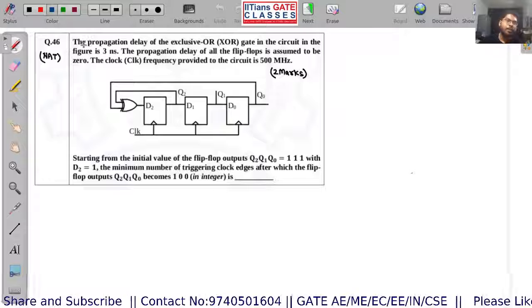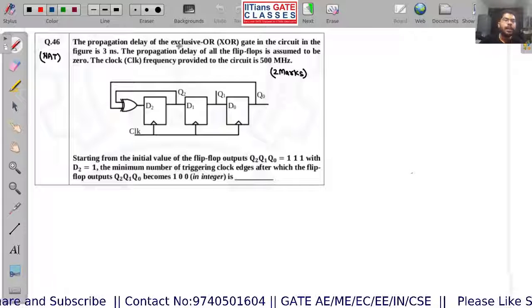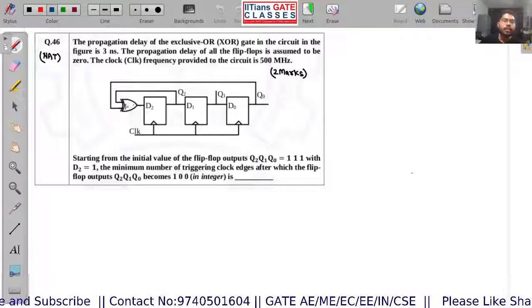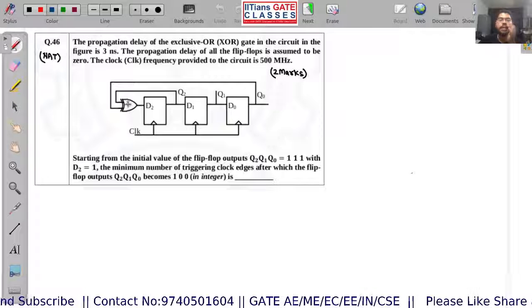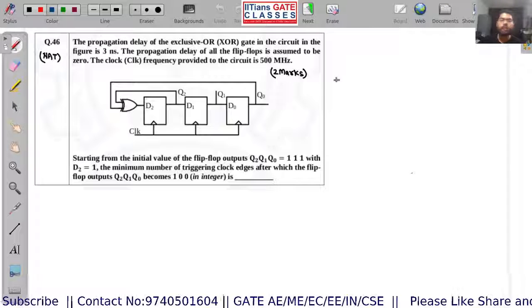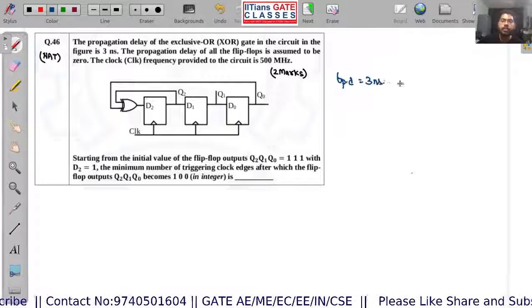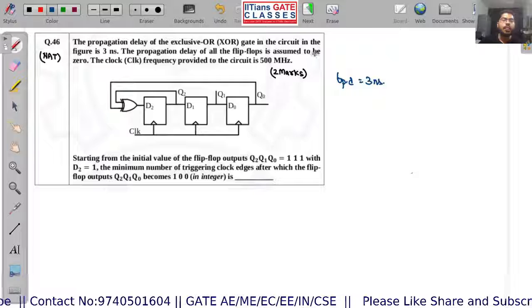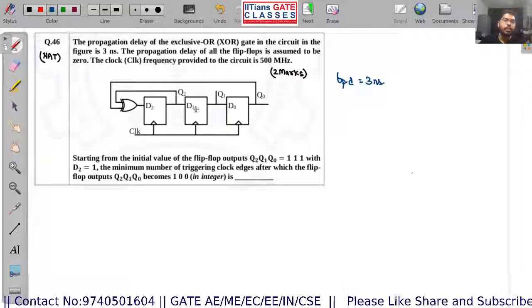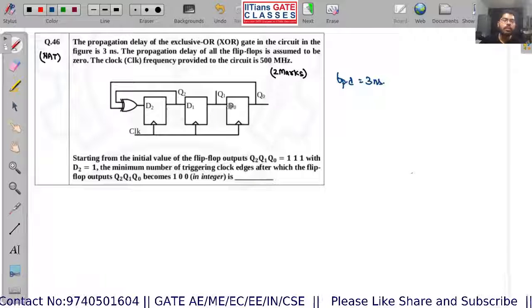Okay, so look, the propagation delay of the exclusive OR gate, this XOR gate in the figure, is 3 nanoseconds. The propagation delay of all the flip-flops is assumed to be 0.